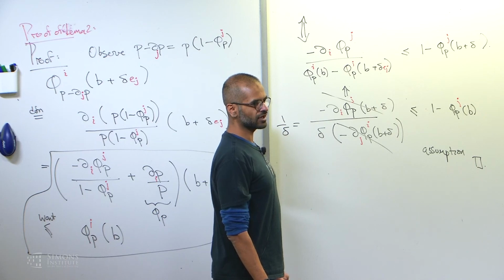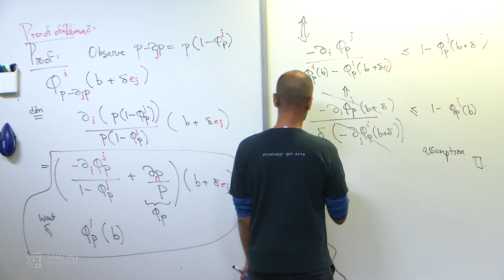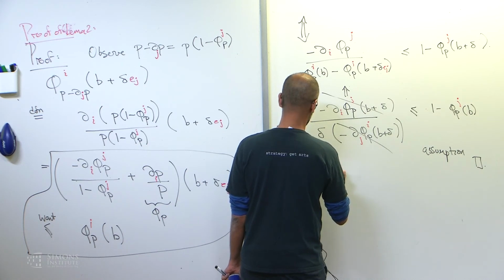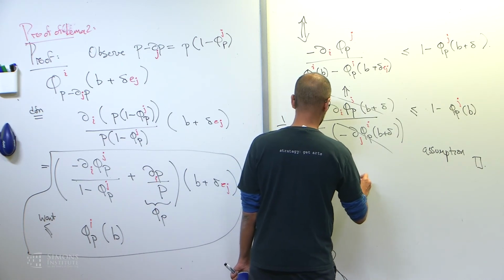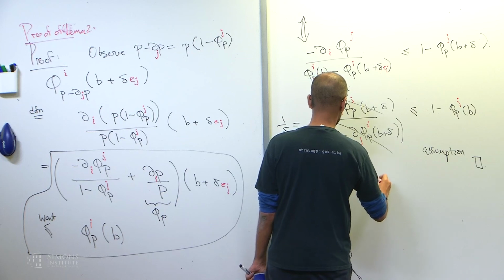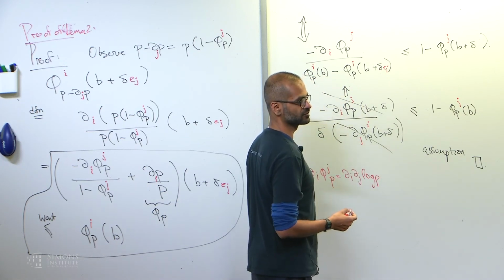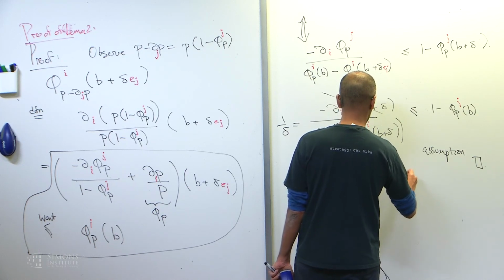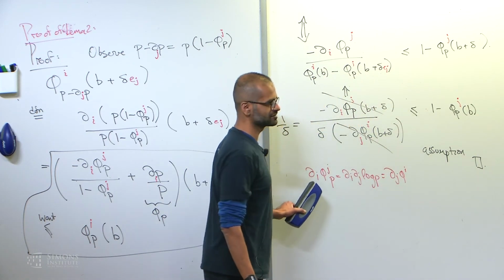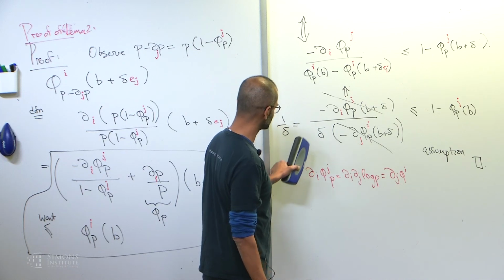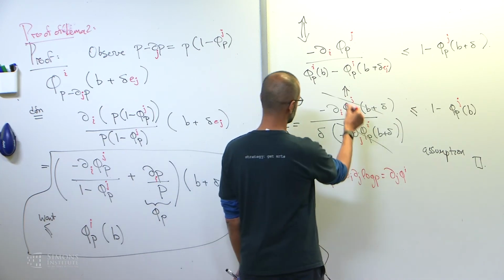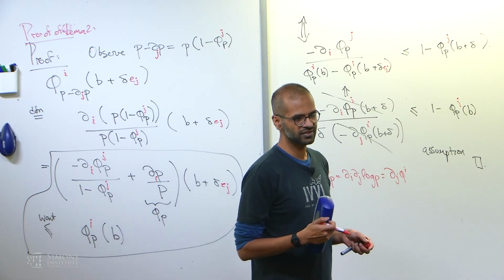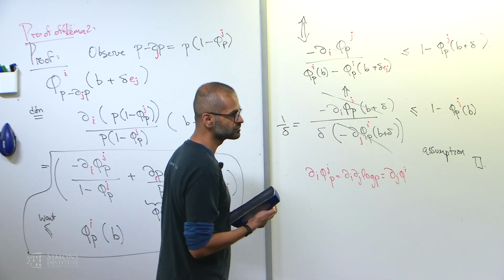But partial i phi j is partial i partial j log b, and partial derivatives commute, so it's actually the same as partial j phi i. This is the one minor difference in the proof, but then you cancel these and the same proof works. So it's the same proof. It's a 5-line proof.